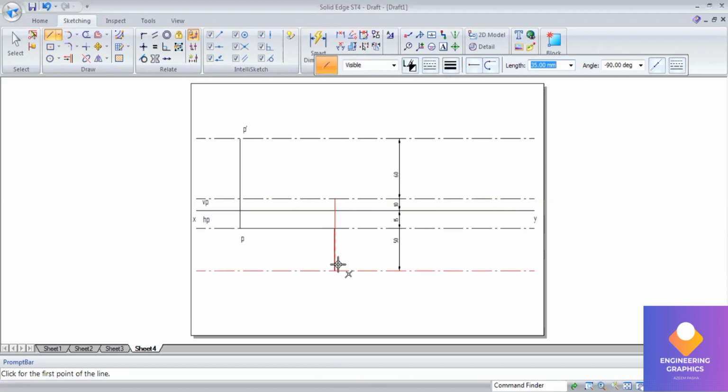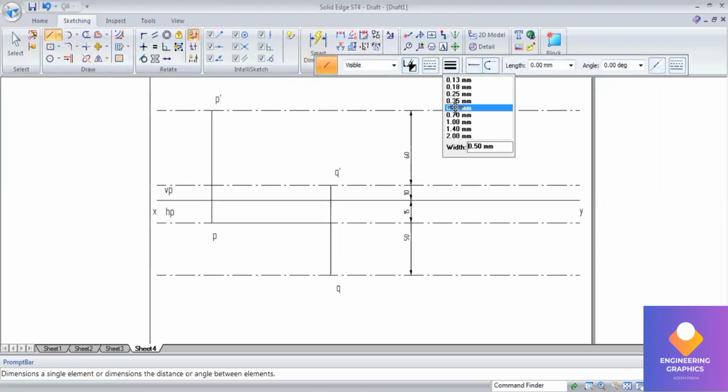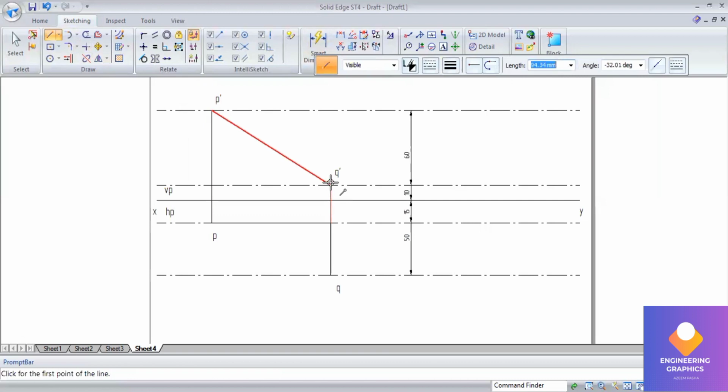Okay, this is P and P dash, and this is Q dash, and this is Q. So by joining PQ and P dash Q dash, we get the apparent length in front view and the apparent length in top view.